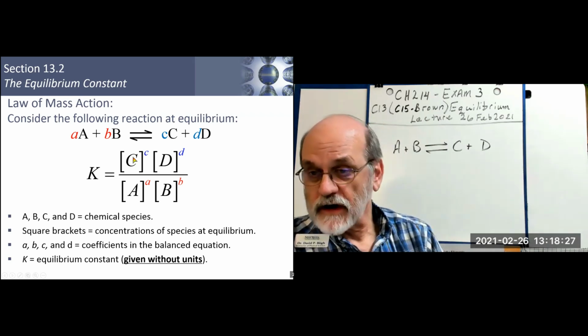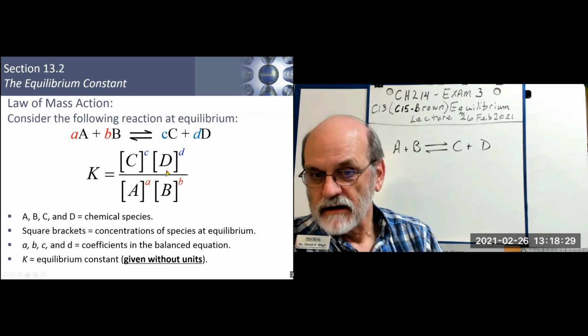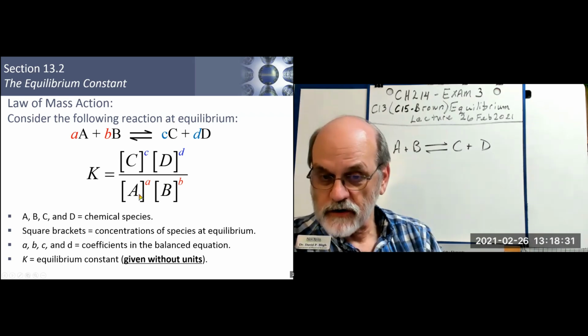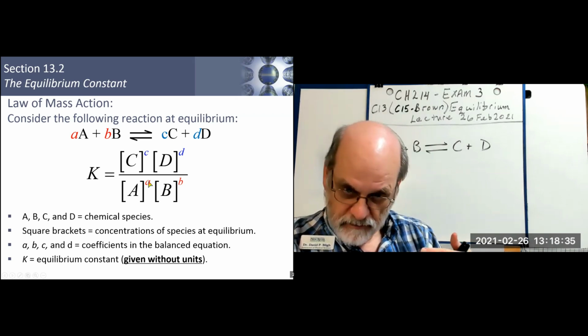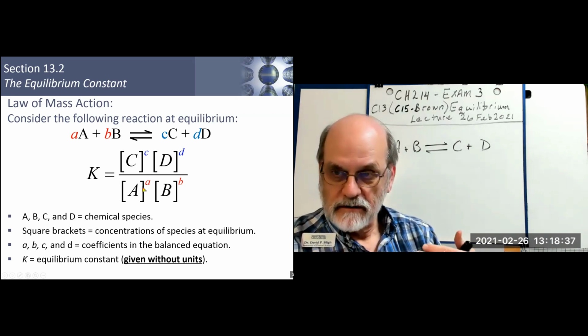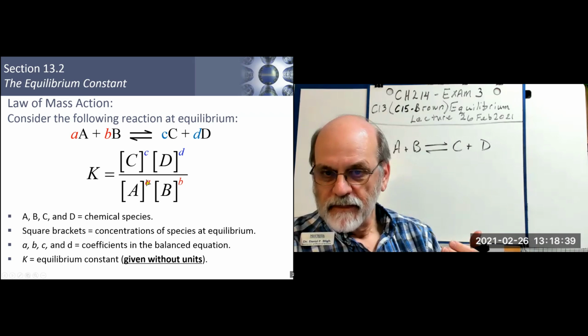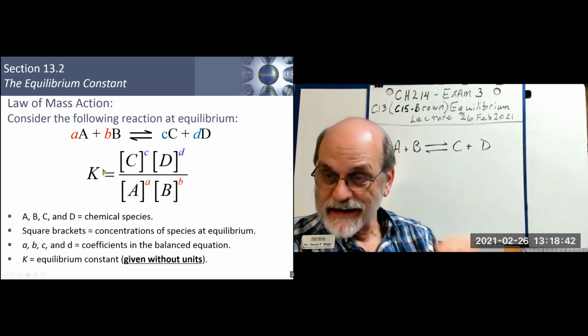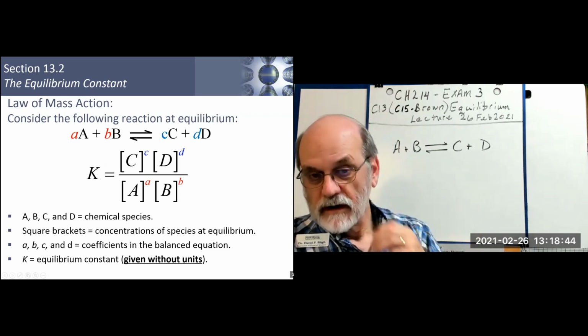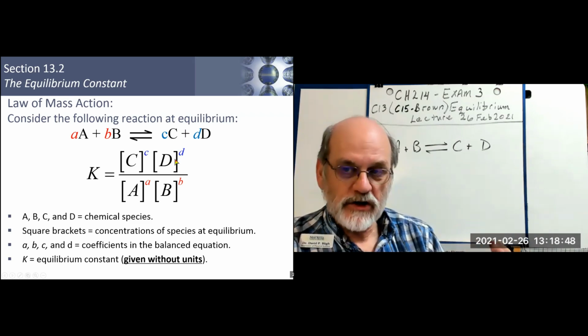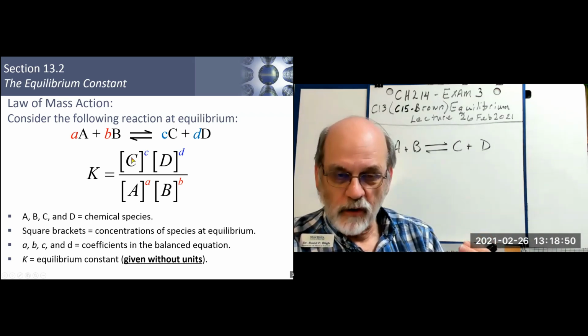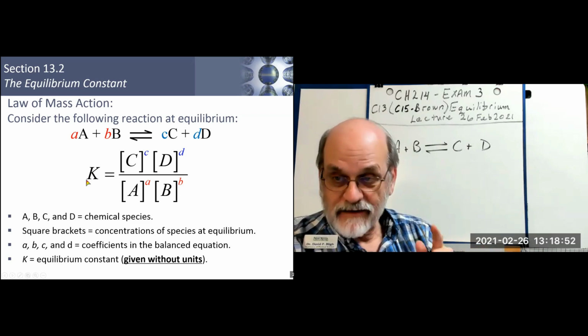Now you can increase the concentration of C and D, and if you increase the concentration of A and B proportionally with their powers taken into account, then this ratio will always be the same. If you change just one of them, then the others are going to change to reestablish equilibrium with that K value.